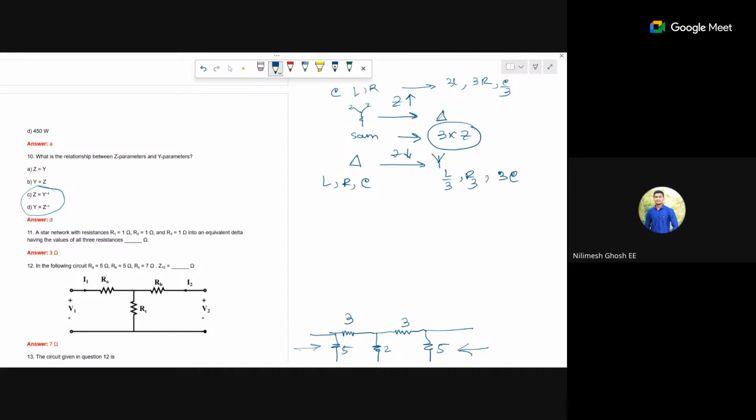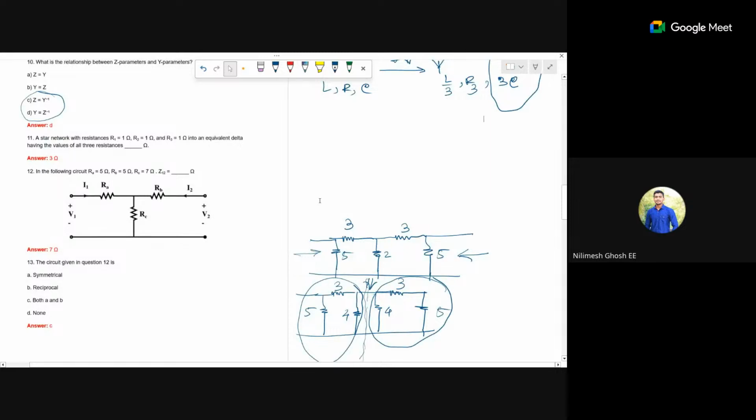You should be careful about this. Many people know the concepts, but while doing it in the exam they make silly mistakes and lose marks.